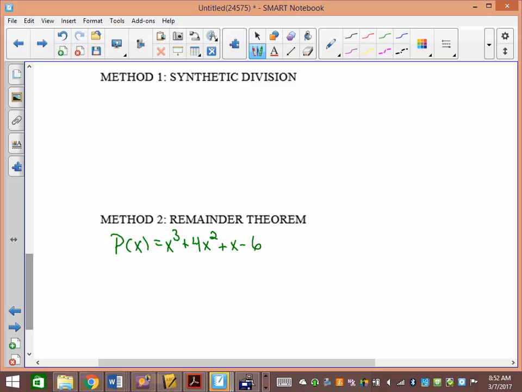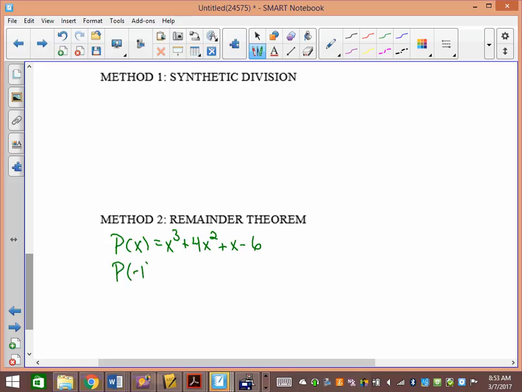Okay? Because it's a polynomial. So in that equation, the p of x would be the polynomial, the biggest thing that you're given in the question, right? Well, I want to find when x equals -1, right? So I want to find p of -1.